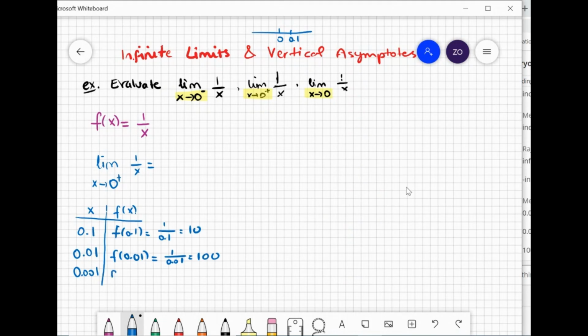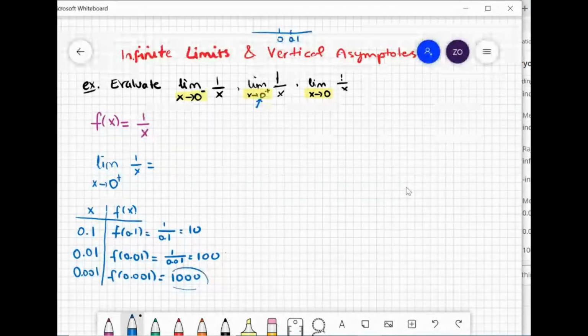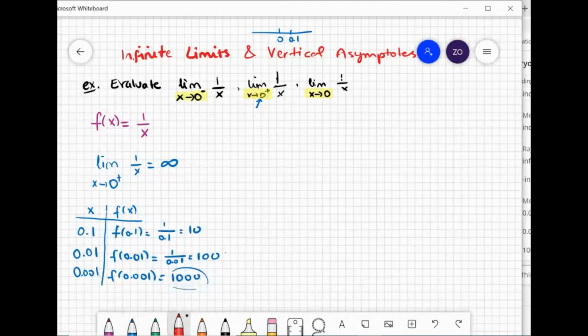Okay, so you just answered the next question: 0.001 has 2 zeros, so you would have 1000. As you get closer to 0, the y values keep increasing. They are all positive, so be careful with the sign. So this limit equals positive infinity.